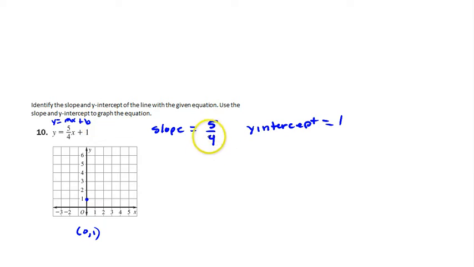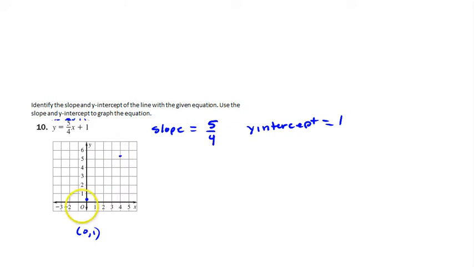Now I'm going to follow my slope. I'm going to rise 5, so 1, 2, 3, 4, 5, and I'm going to run 4, 1, 2, 3, 4, which gives me a point right here. And then I can graph this line.